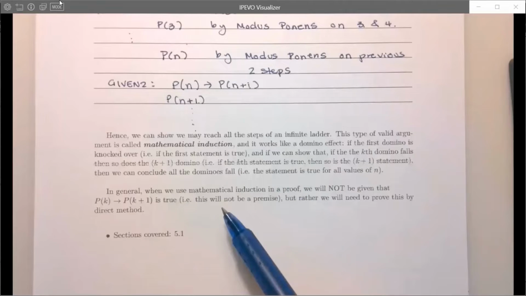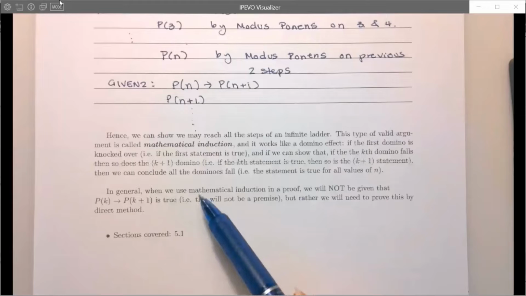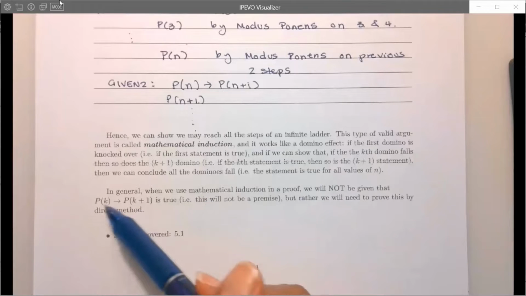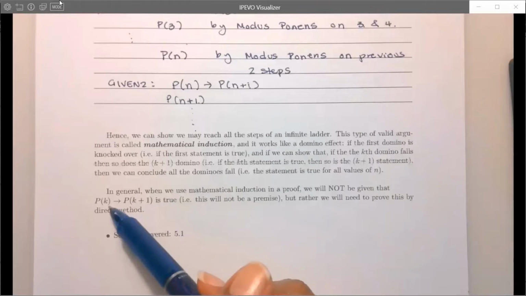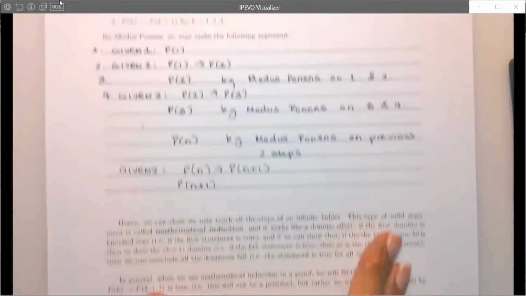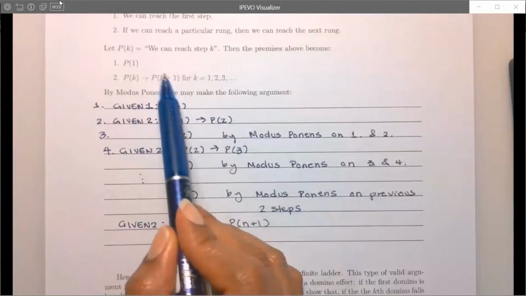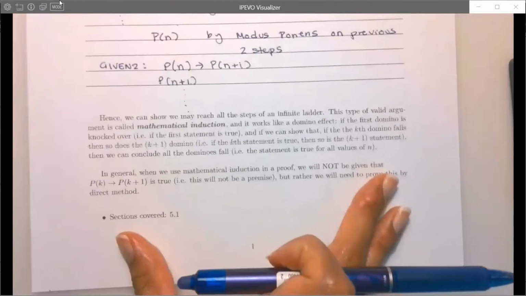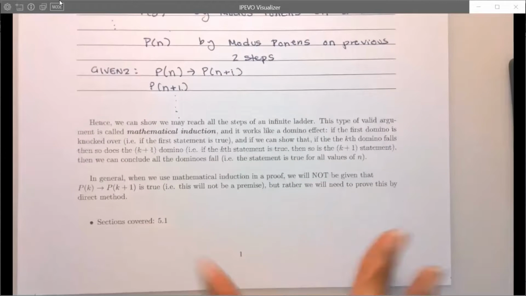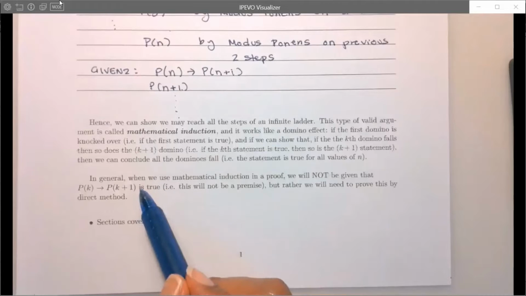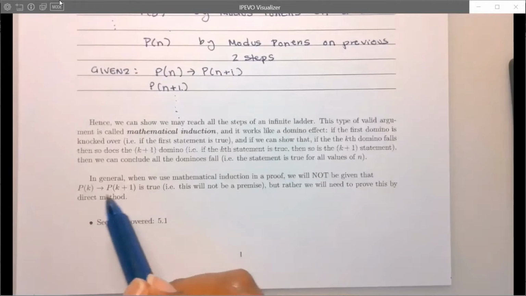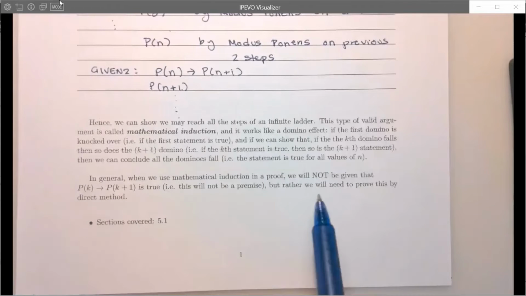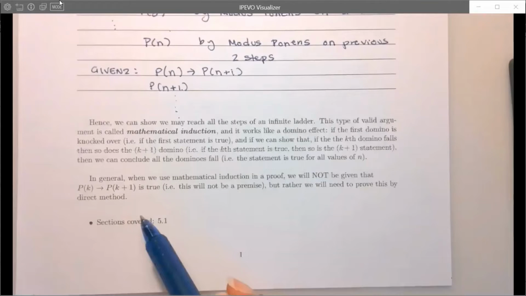Now, in general, when we use mathematical induction, we're not going to be given that P of K implies P of K plus 1. In this example, it was given to us. It won't be the case in most problems where we use mathematical induction, but rather we're going to have to prove that this is true by using some type of method.